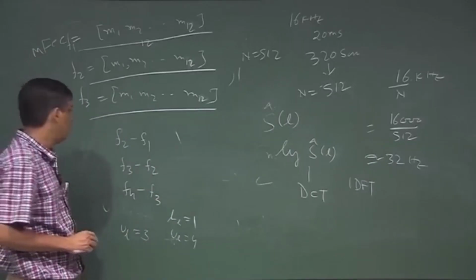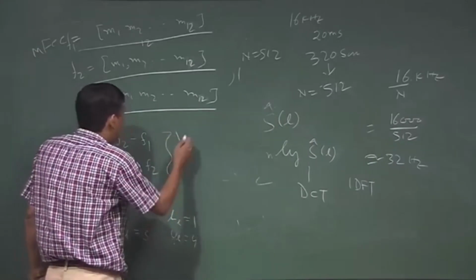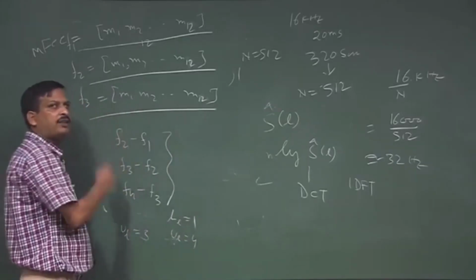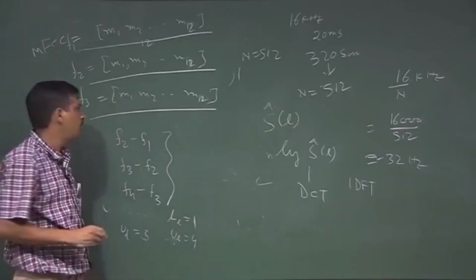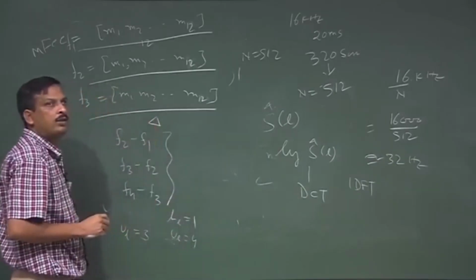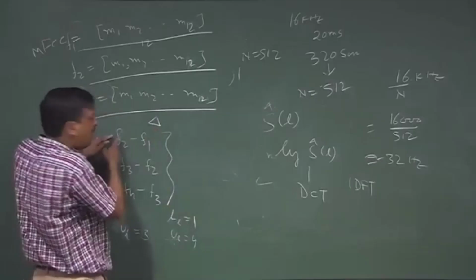If I want to calculate the second order dynamics, it is nothing but the difference of the first order dynamics. The first order dynamics is called the delta coefficient. So, double delta is nothing but a difference of differences.